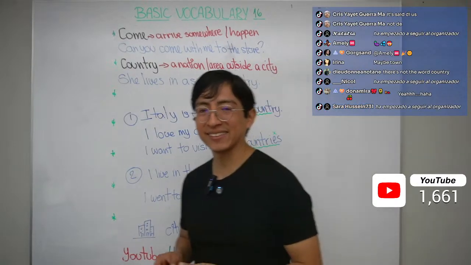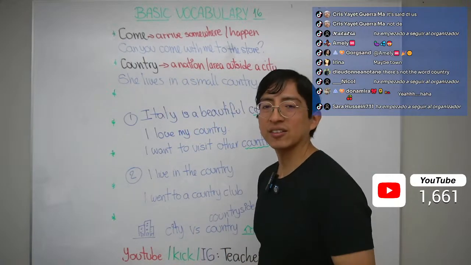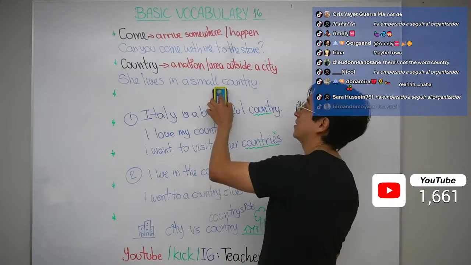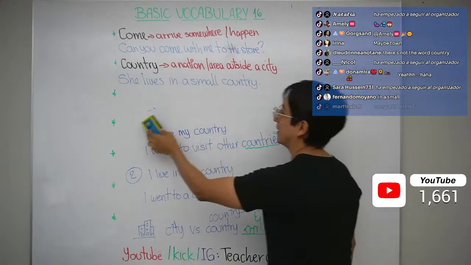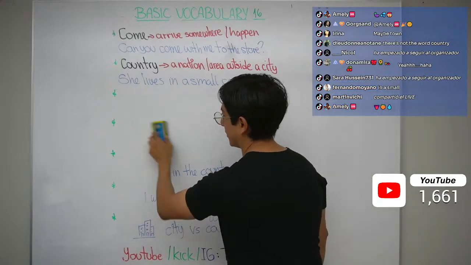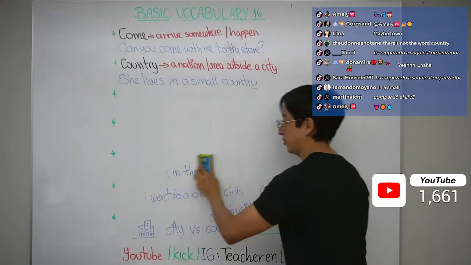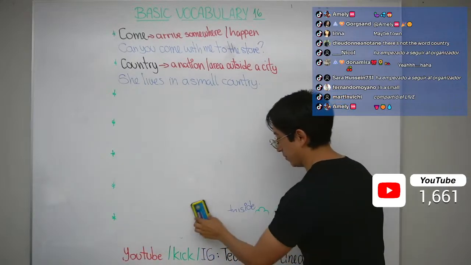Well, that's the sentence we have there. Oh, sorry, she lives in a small country. That was the sentence. Sorry. Let's erase this and then let's continue with number 3.